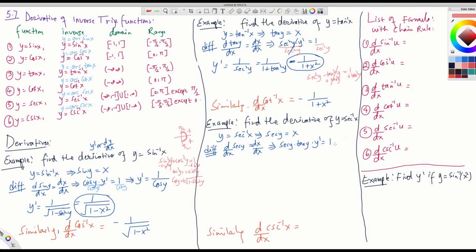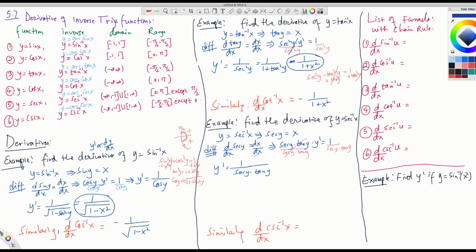Now I want to divide by secant y times tangent y, and that thing will cancel out. So what you get is y prime equals 1 over secant y times tangent y.